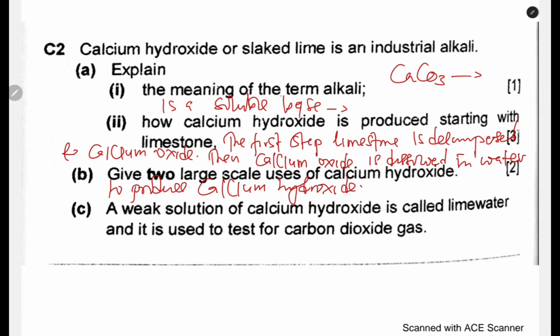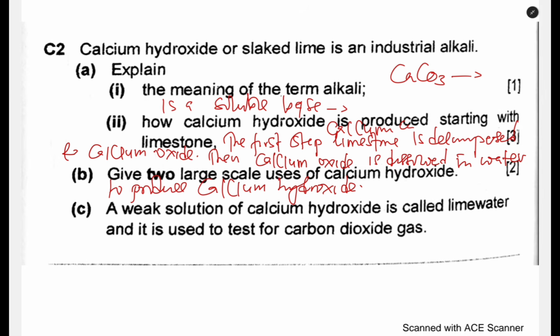So the first step is decomposition of calcium carbonate to calcium oxide. Then calcium oxide is dissolved in water to produce calcium hydroxide. So that is the whole process.